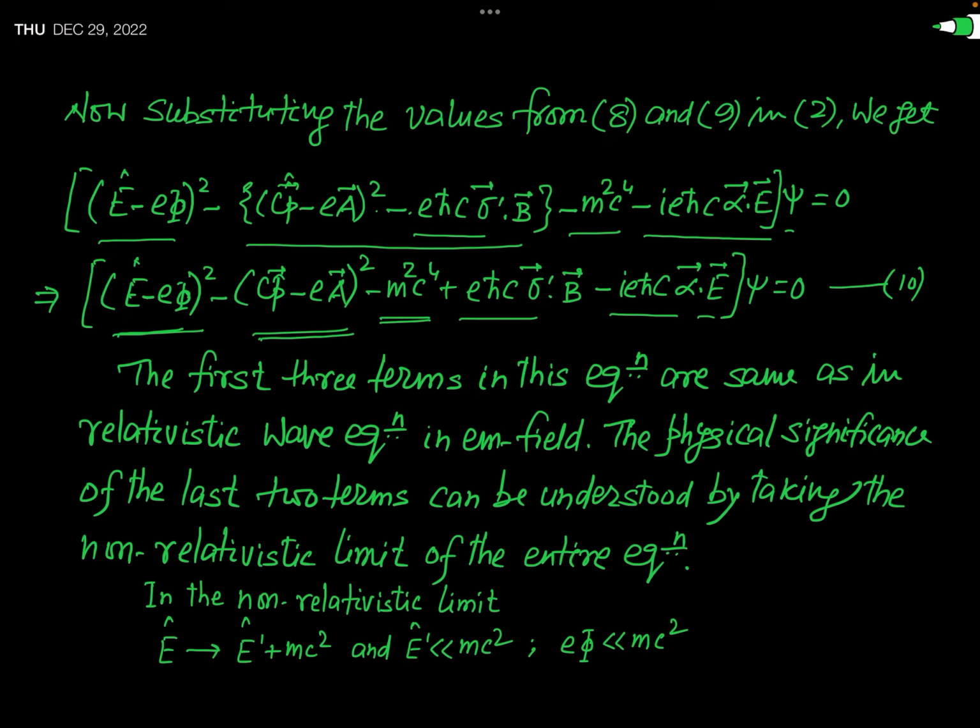So for the remaining two terms, e h bar c sigma dash dot B and minus i e h bar c alpha dot E, we have to understand their physical significance. To know the physical significance of these last two terms in equation 10, we have to take the non-relativistic limit of the entire equation.